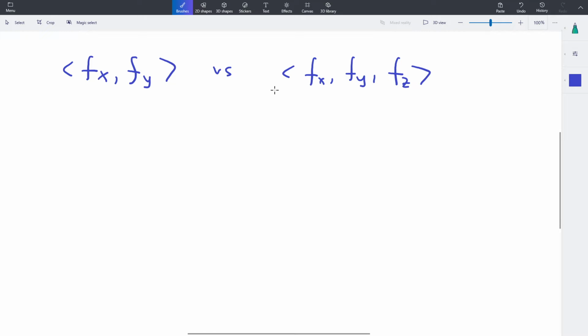And in this video, I will be talking about the difference between the two-dimensional gradient, (f_x, f_y), and the 3D gradient, (f_x, f_y, and of course f_z).